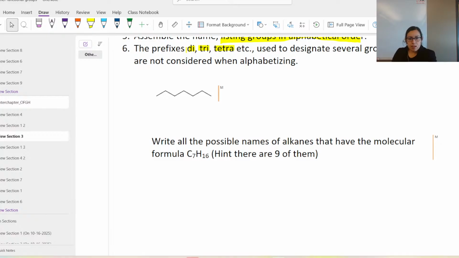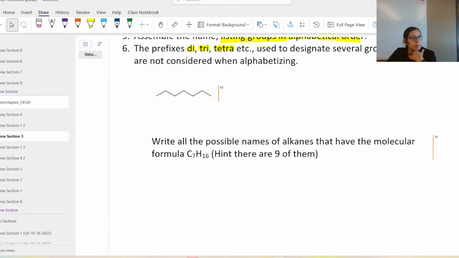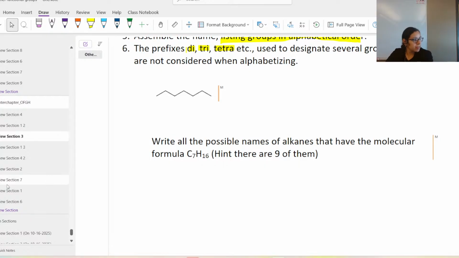So different connectivities. Obviously the straight chain heptane is already drawn out, but how else can you rearrange and connect them? And watch out for drawing the same thing. So I'll give you guys a bit of time to stew on that.